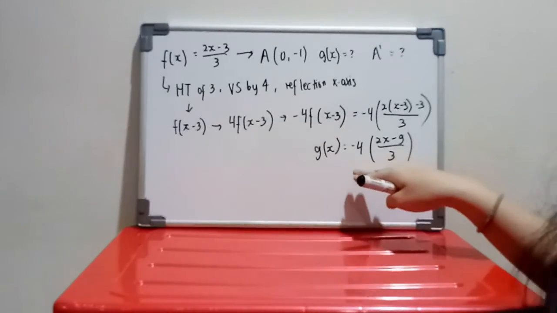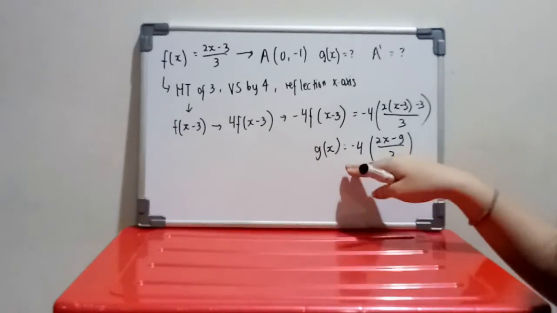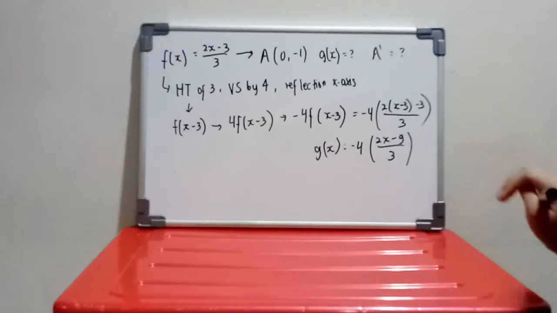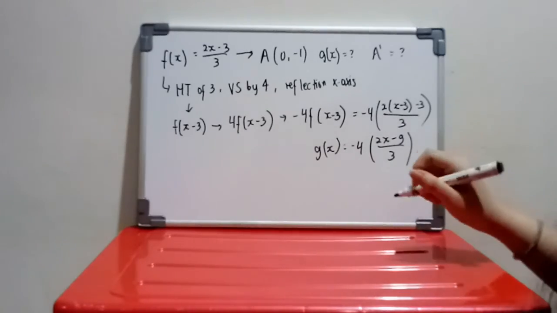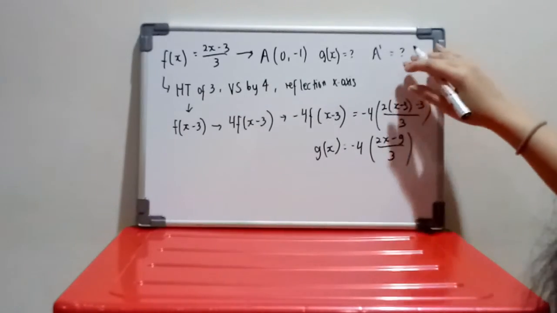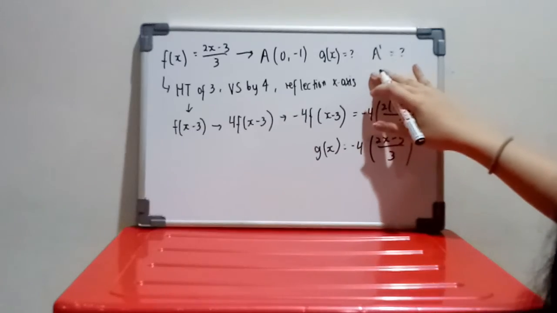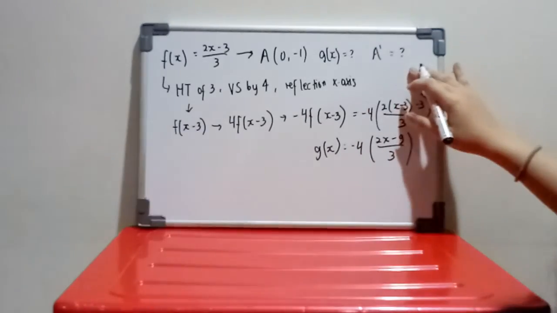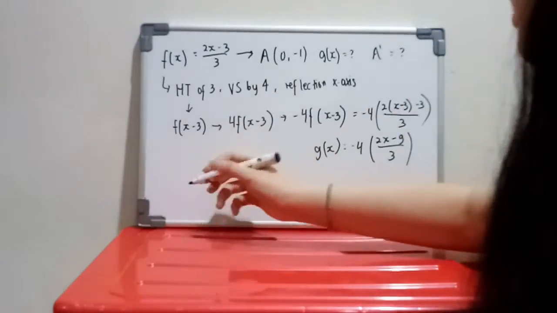You can further expand this by multiplying negative 4, but we'll leave it like this for now because it looks factorized. Now we're going to find this new point coordinate of A on g(x).